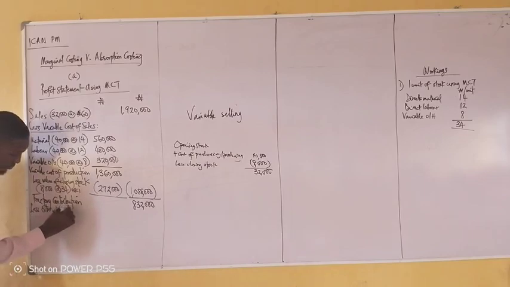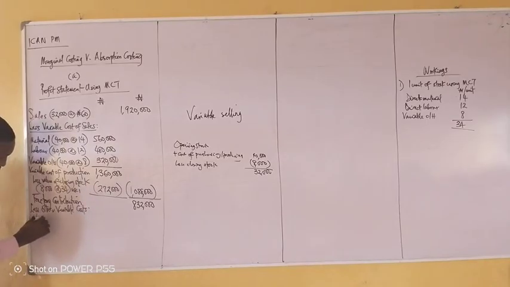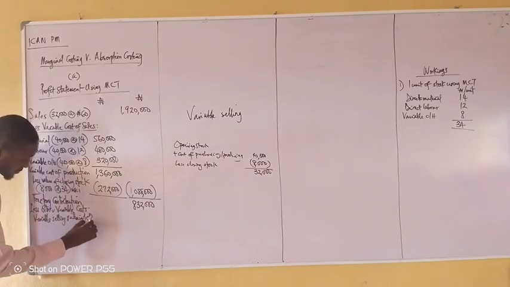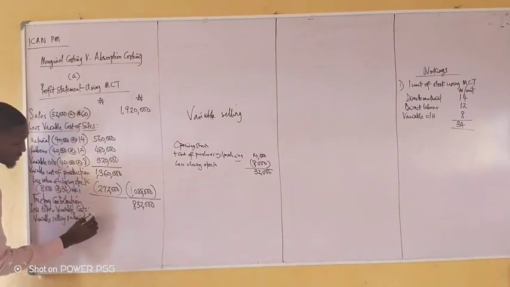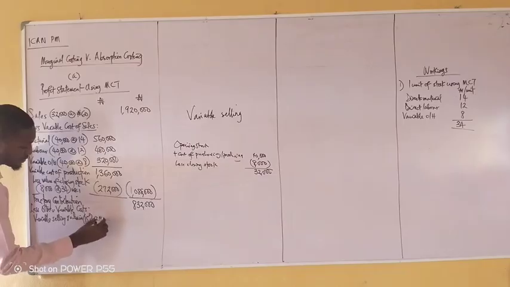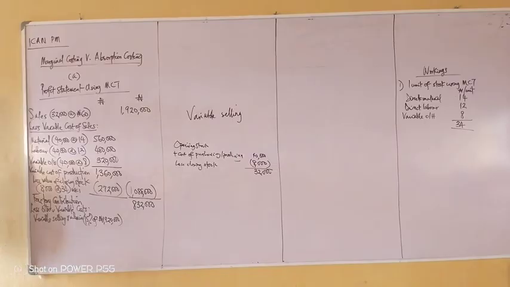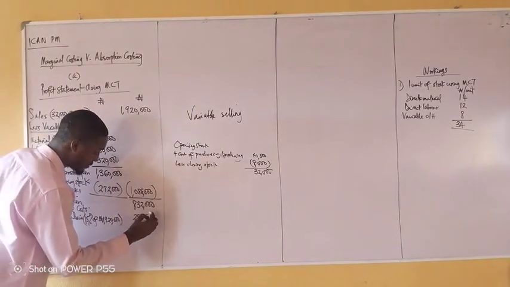From this we will now less other variable costs. And other variable cost is variable selling and administrative, which they said is 15% of sales. What's our sales? 1,920,000. 15% of 1,920,000 gives us 288,000.